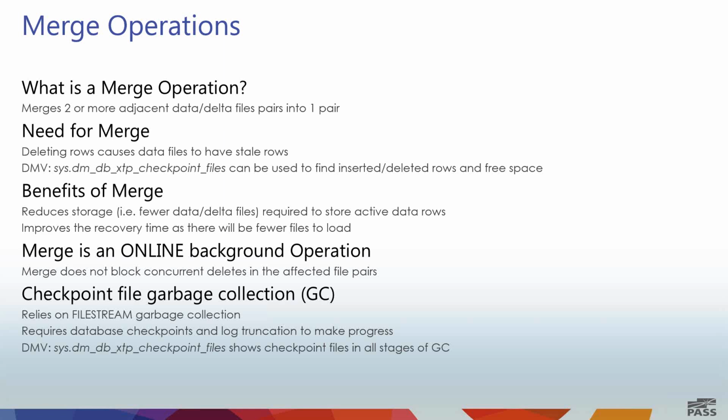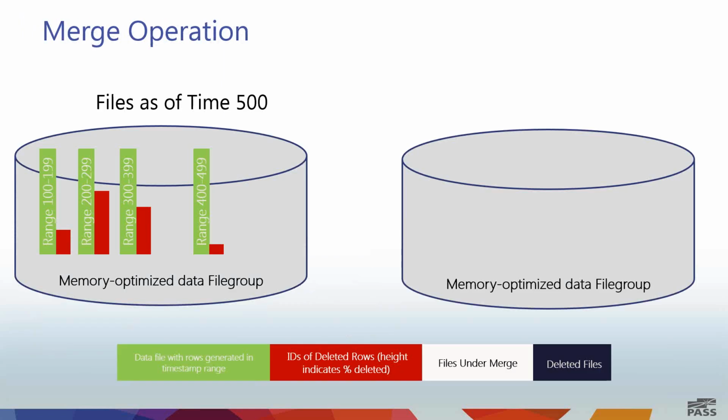Now, a visual representation of what a merge looks like. This is again animated slides, so maybe a bit more difficult, but I can try to talk through this. On the left, as of time 500, let's say the timestamp has advanced to 500, we have 4 file pairs.